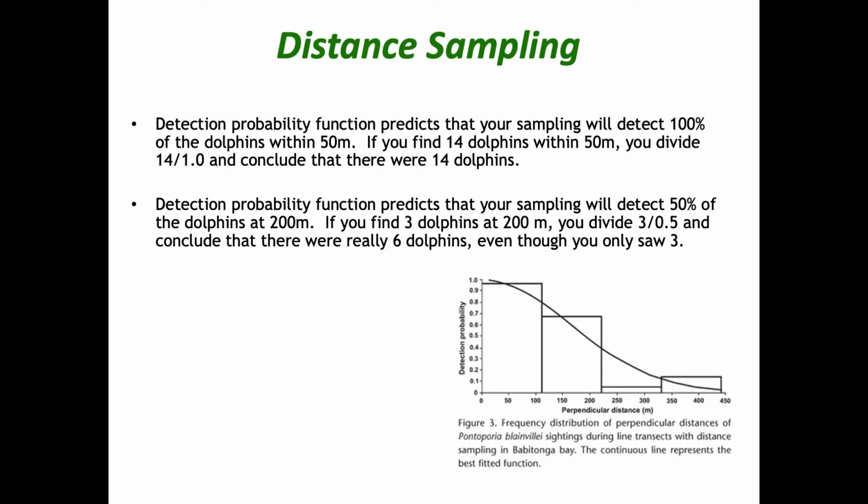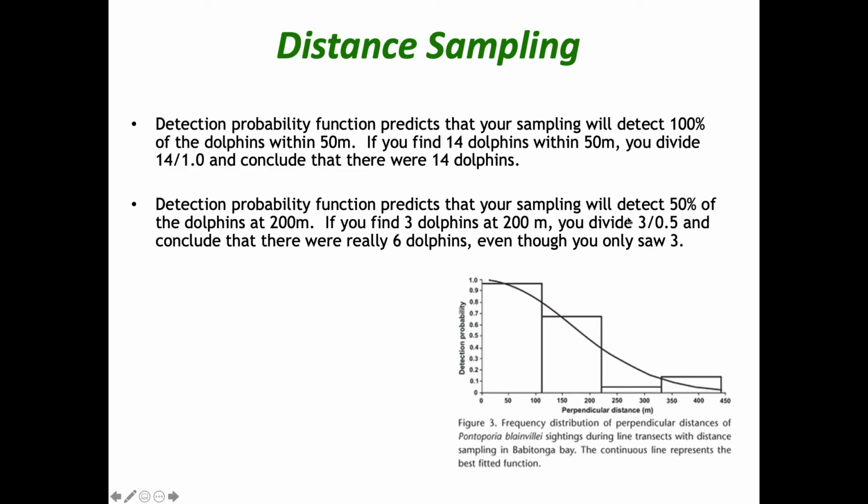But if you know what that is, then you can use that to help you correct for that difference in detection over distance. So let's say we get 100% detection within 50 meters and we find 14 dolphins within 50 meters, then we divide 14 by 1, and we conclude that the 14 dolphins we found were the 14 dolphins that were there, and there weren't any others.